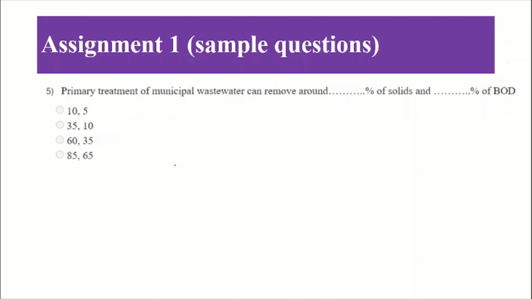First is pre-treatment, which removes the grit and solid mass. Next is primary settlement, which removes a certain percentage of solids as well as BOD. Next is secondary treatment, and finally advanced treatment. According to the definition given, the answer will be 60% of solids and 35% of BOD. So the answer here is the third option.